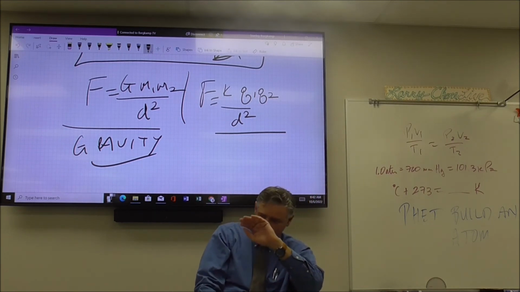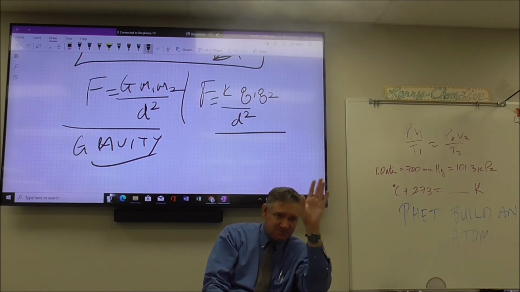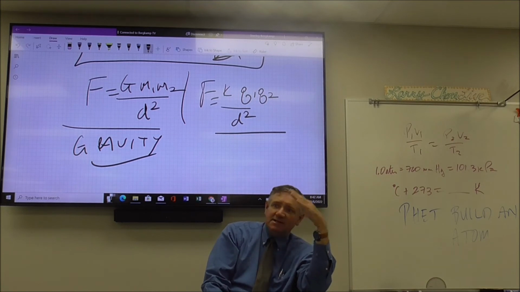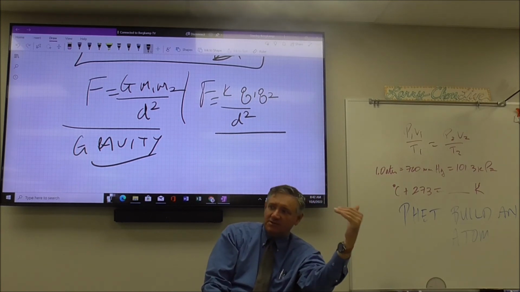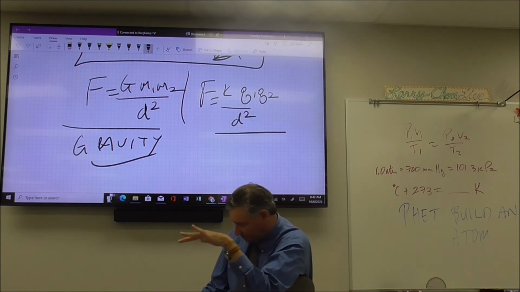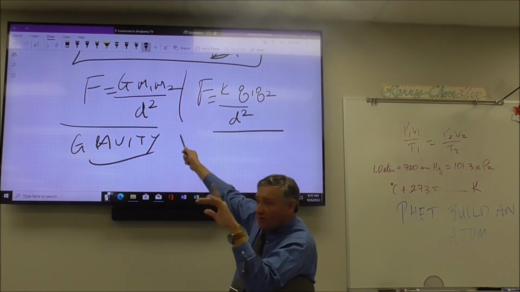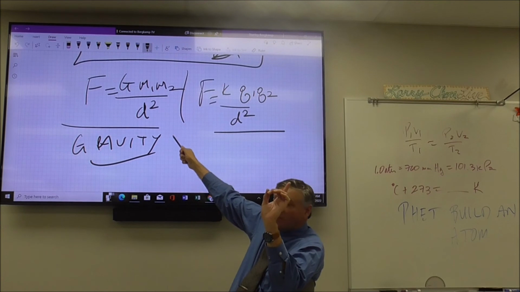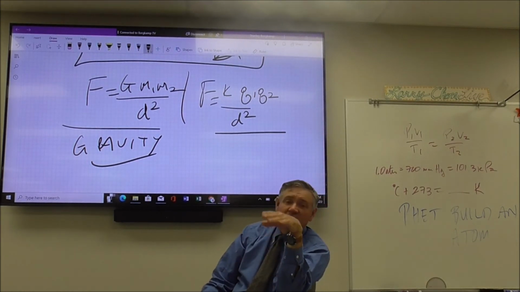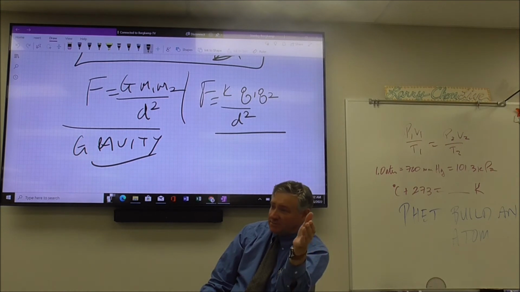There's a whole bunch of mathematical relationships in science known as inverse square laws: light intensity, gravitational fields, electric force, magnetic fields. All I want you to get out of this equation is that if you increase the distance between two objects, the gravitational force becomes weaker.